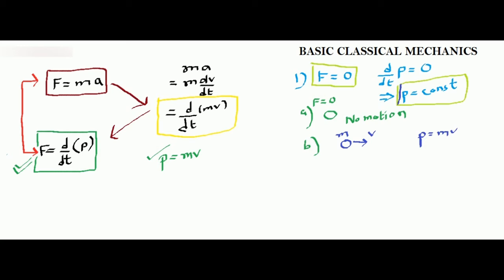If the momentum is constant, then there is no force. So the amazing thing is, even if this ball is moving at a constant velocity, there is no force acting on this ball. It means there are two cases when we do not have force. Case number 1, when an object is still, and case number 2, when an object is moving at a constant velocity. In both these cases, we do not have force.